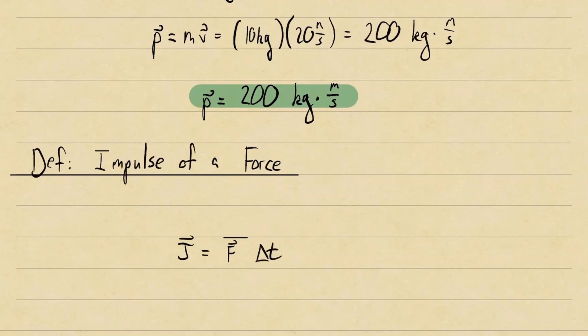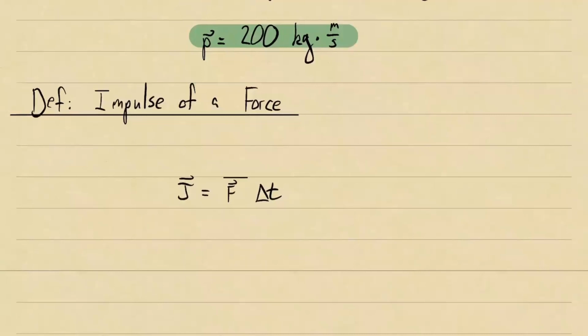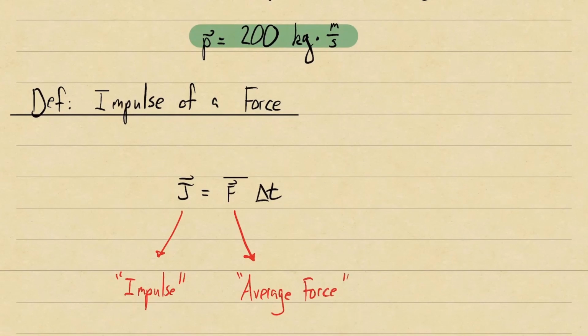So this J here is what we call the impulse caused by this force. This here is the average force. That's what that little bar over it means. And then delta t is just the time that that force is acting.